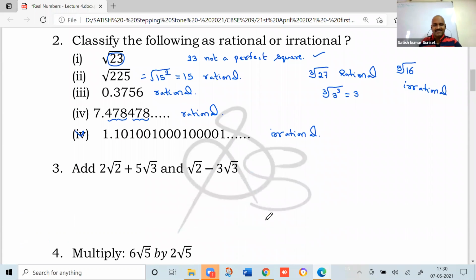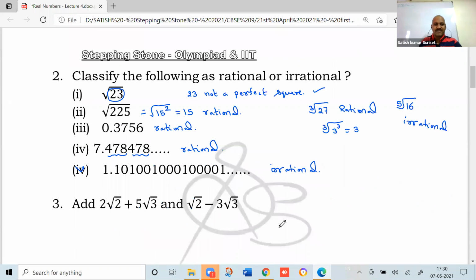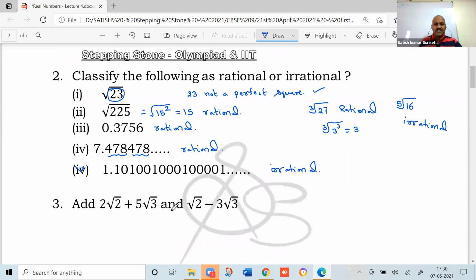Now, tell me how to do this. Add these two compound surds: 2 root 2 plus 5 root 3, and root 2 minus 3 root 3.